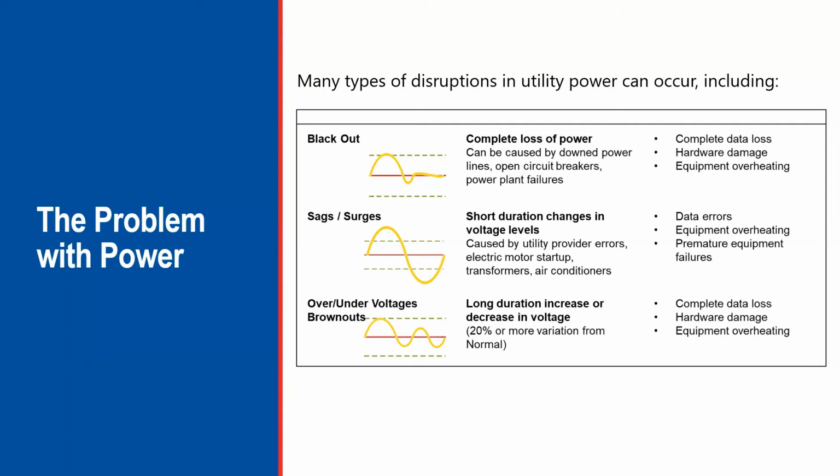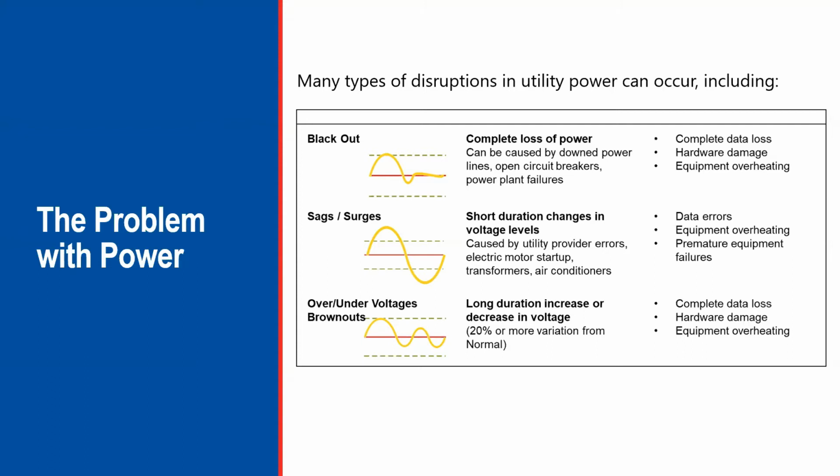As most of you know, while a clean, nominal voltage power signal always would be ideal, the reality is that all equipment must face power problems from time to time. The different types of problems that can occur are each caused by different factors, and each can lead to a very specific set of consequences.